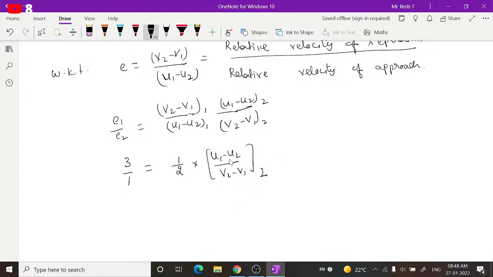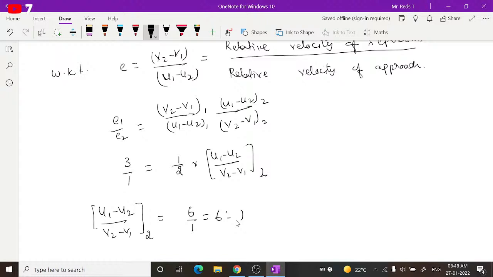You are asked to find what is this ratio. Simply send this here, then you will get the ratio between relative velocity of approach and relative velocity of separation. The ratio between relative velocity of approach and relative velocity of separation in second collision is equal to, send this here, this 2 goes here, it becomes 6 by 1, or you can say 6 is to 1.